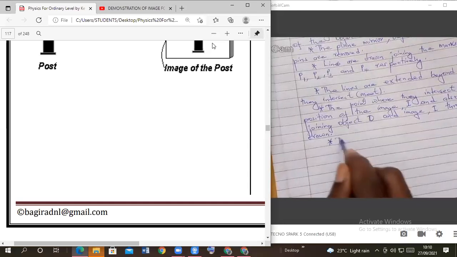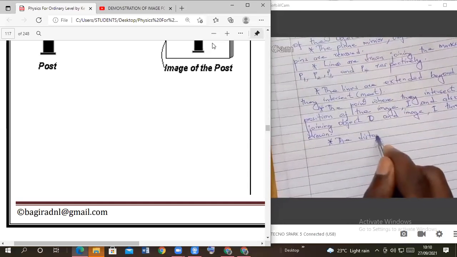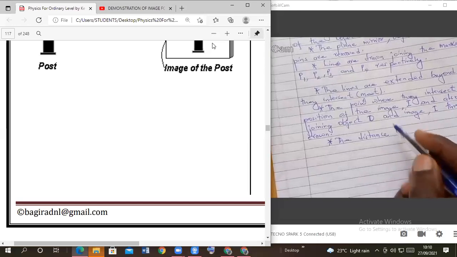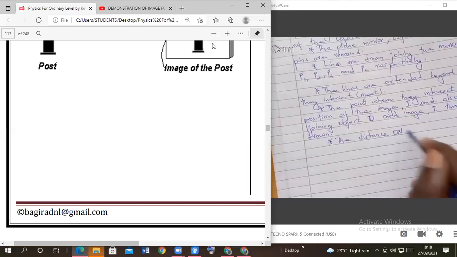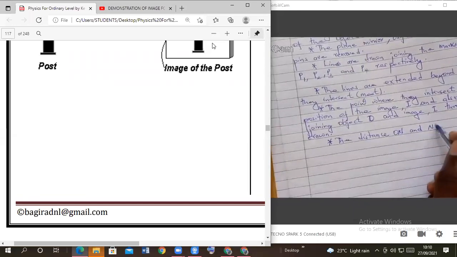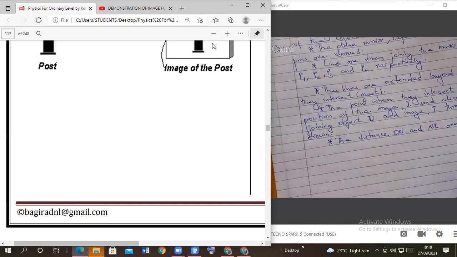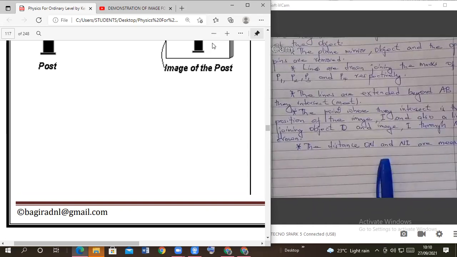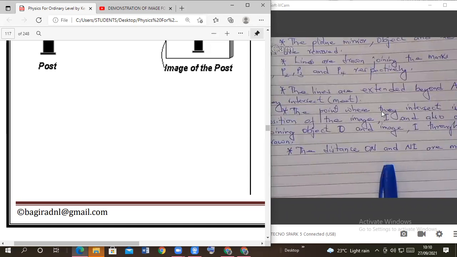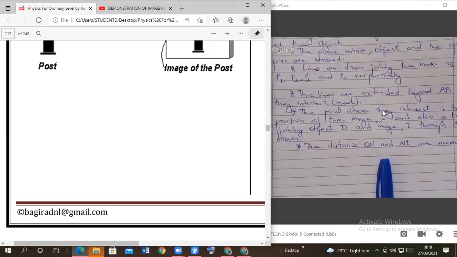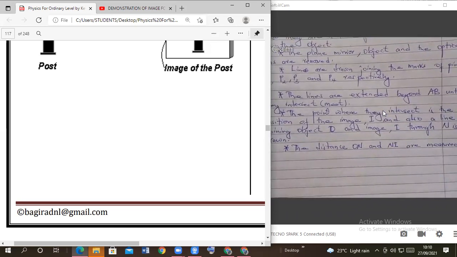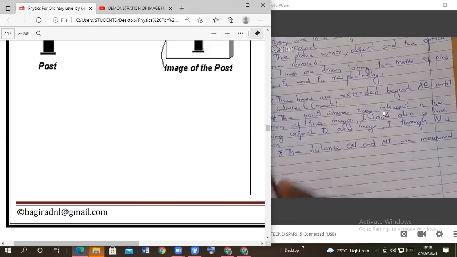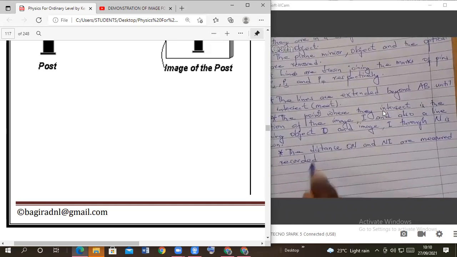So the distances ON and NI are measured and recorded.